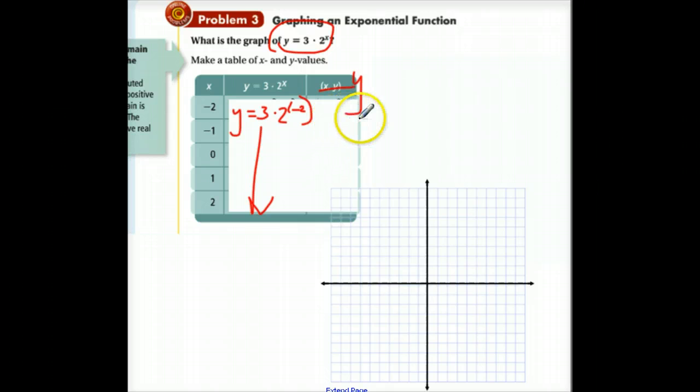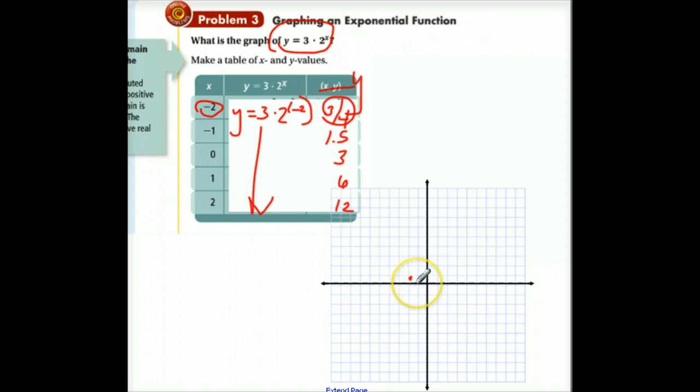When you plug in negative 2, I get 3/4. When I plug in negative 1, I get 1.5. When I plug in 0, I get 3. When I plug in 1, I get 6. And when I plug in 2, I get 12. Then I go over to my graph and I just plot those x, y coordinates. So negative 2 on the x-axis, up 3/4 on the y.